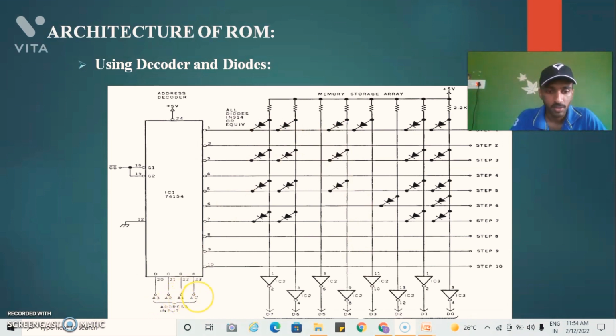If 0000 is the case, M0 will be at a low state and the rest of them are at high state. Low state means the cathode becomes negative potential, and the anode by default has a positive potential. Therefore the diode is in forward bias and acts like a closed switch.